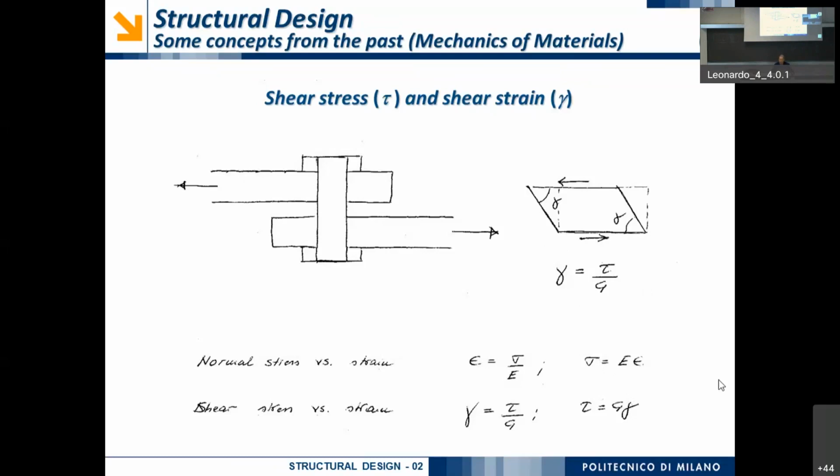So shear stress tau and shear strain gamma are proportional to one another, as in the case of normal strain and stress. So tau is G times gamma, or if we prefer, gamma is tau over G. G is called the shear modulus, like capital E is denoted as Young's modulus or normal modulus, okay?